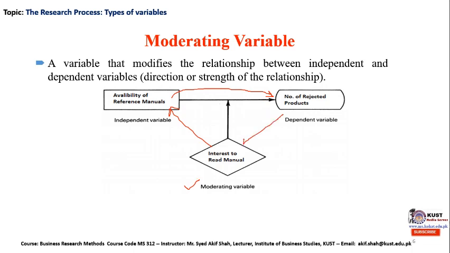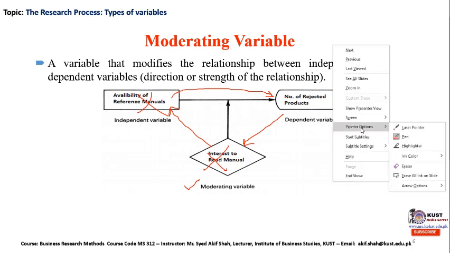When the workers are interested to read the reference manual, the number of rejected products will be fewer, and if the workers of the organization are not interested to read the reference manual, even though it is available in the organization, there will be a greater number of rejected products because they will make flawed and defective products, which will be rejected by the quality control or ultimately by the consumer.